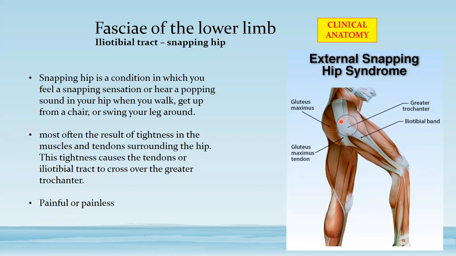This tightening causes the iliotibial tract to cross over the greater trochanter, producing the snapping sensation or the popping sound. It can be either painful or painless, depending on the causes of the tightness around this area.